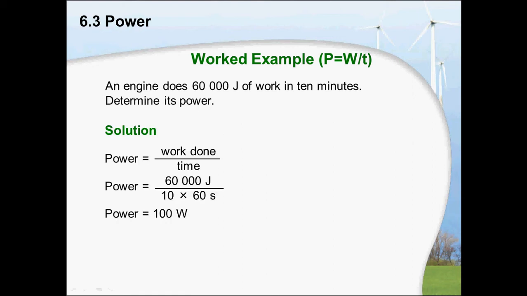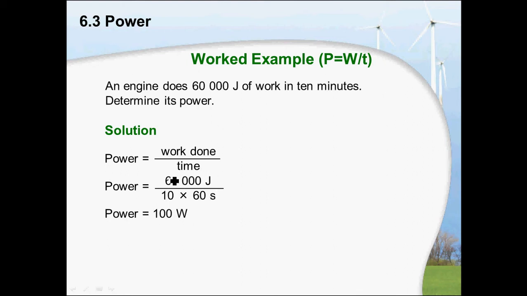So the answer will be power is equal to work done divided by time. And you must remember what we mentioned just now, that all the units must be in SI units. So this time T must be in seconds, and work done must be in joules.